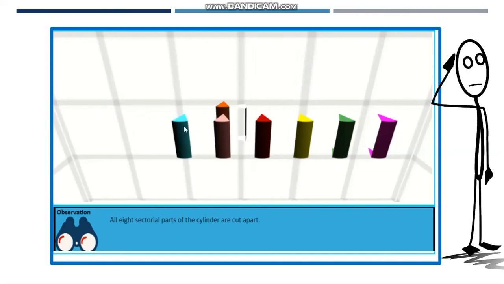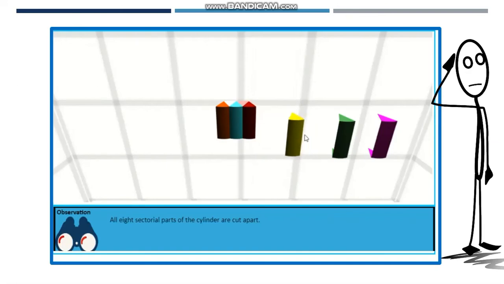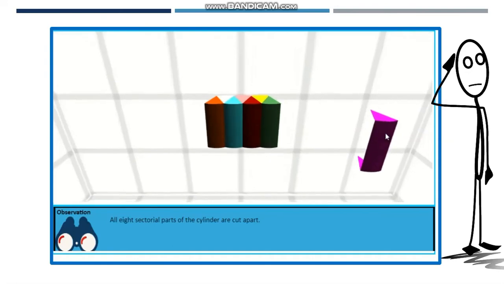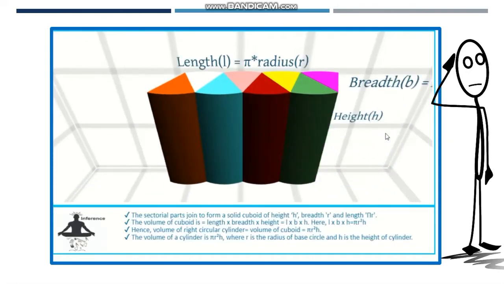And I will bring them together in order to ease your exploration. Now, what do you see? Actually, yes, I am hearing you. You say that these are rectangular prisms and we know this from previous grades. Exactly. This is a rectangular prism.